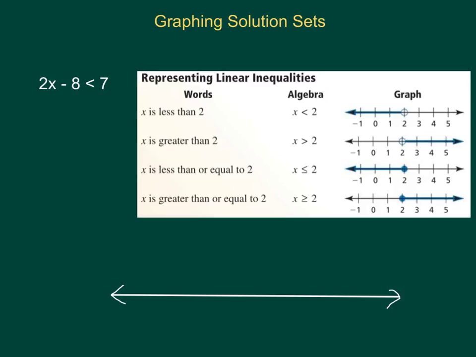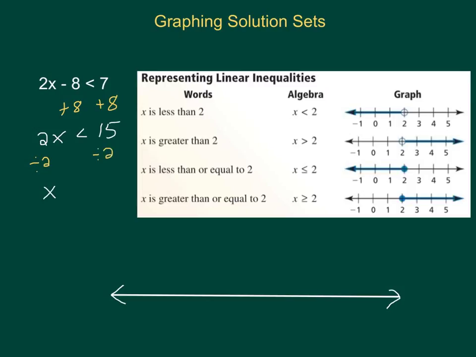First thing that we're going to do is look at this inequality, 2x minus 8 is less than 7, and try to solve it like it was an equation. So to do that, I want to get the x by itself. I'll start by adding 8 to each side. That brings me to 2x is less than 15. That's 2x, so I'm going to divide to get rid of that 2.